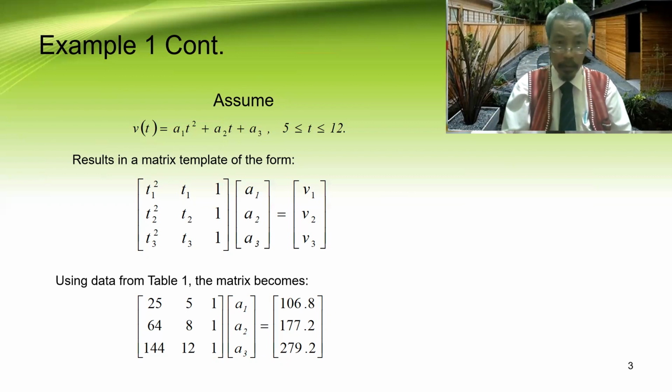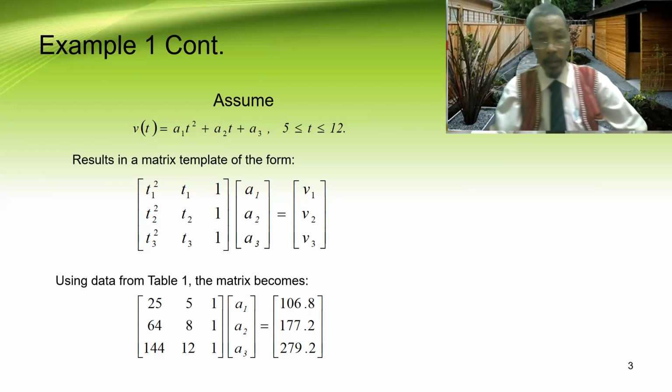And you will notice that we arrange t1 squared, t1 and 1, and then t2 squared, t2 and 1, t3 squared, t3 and 1.